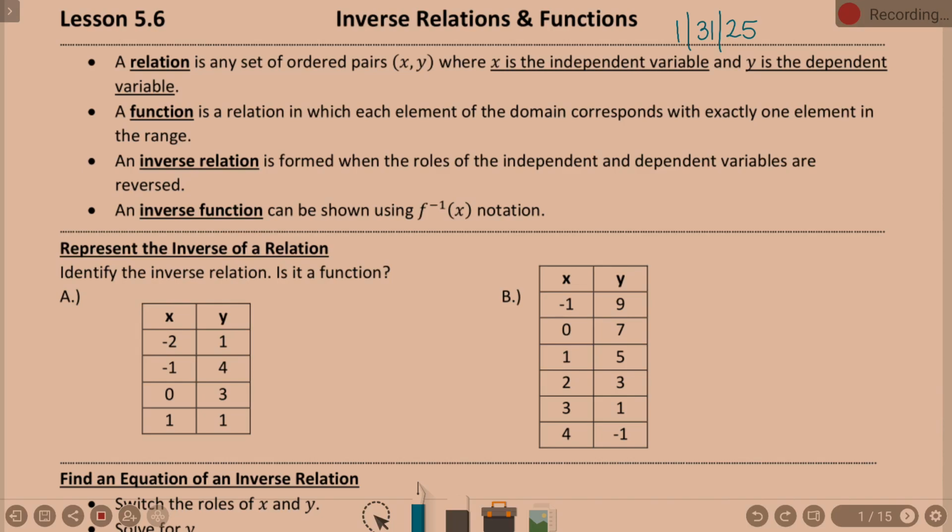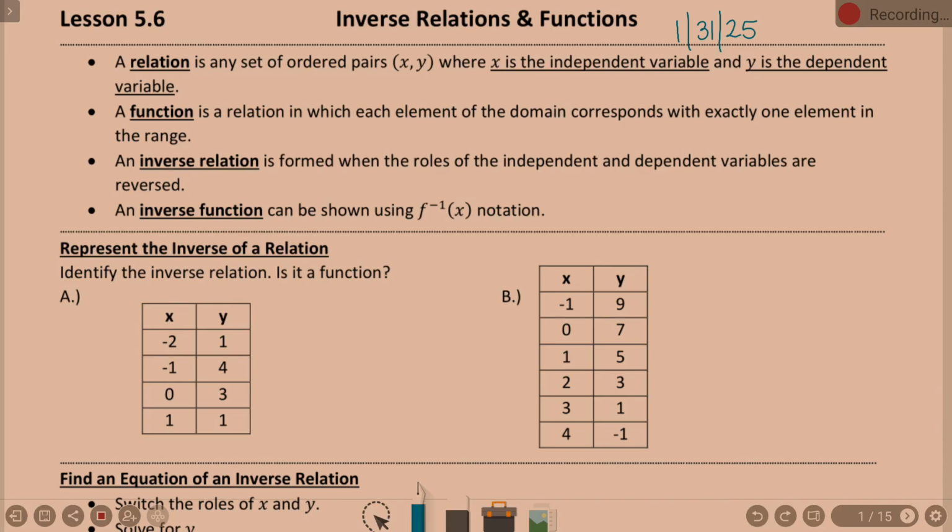If something's a function, it passes the vertical line test. Or another way I often talk about it is each x value pairs with only one y value. So basically your x values don't repeat. Each one is unique.